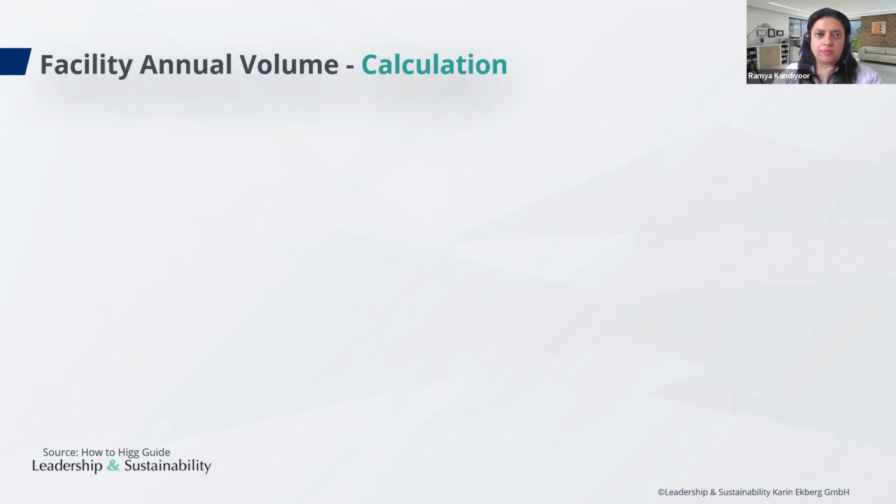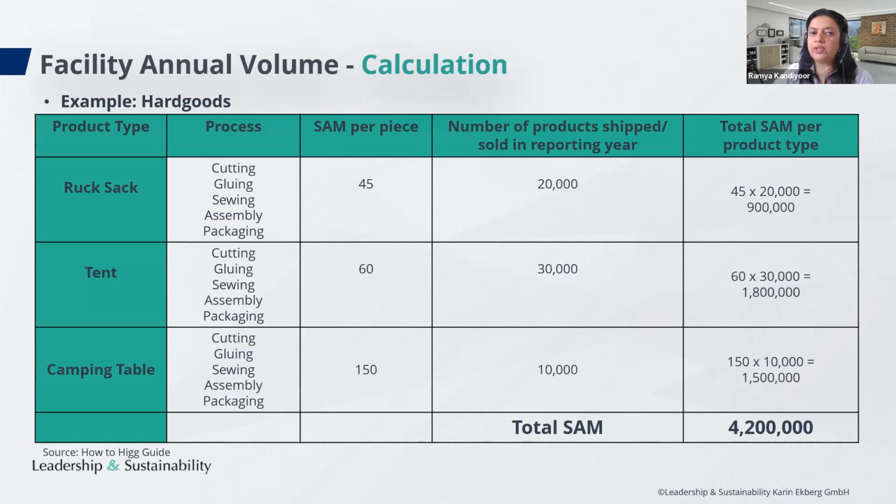Okay, so let us go back to our module here. When we are looking at the facility annual volume calculation, here we have also provided some calculation examples. This is for hard good facilities. So Higg FEM has actually expanded their platform also to hard good facilities in 2021. And here you can see examples of how you can report the SAM of a particular article that you manufacture.